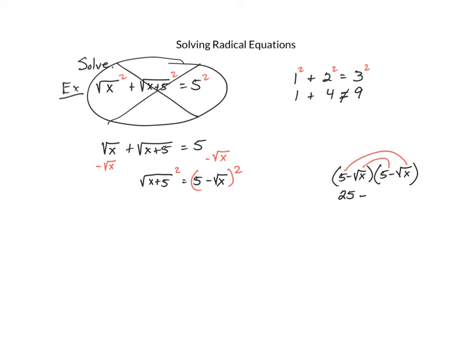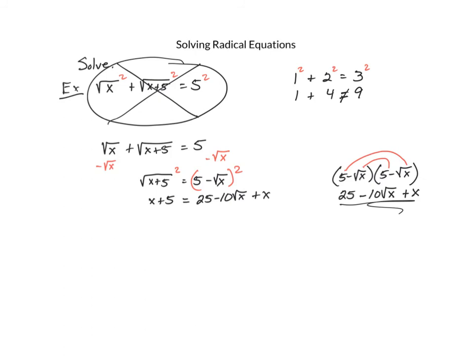That means we have negative 10 square root of x. And then negative square root of x times negative square root of x is plus x. So here is the result of that multiplication. Let me pop it in on the right-hand side. So we have 25 minus 10 square root of x plus x. And on the left-hand side, we squared the square root, so that means we just have x plus 5.